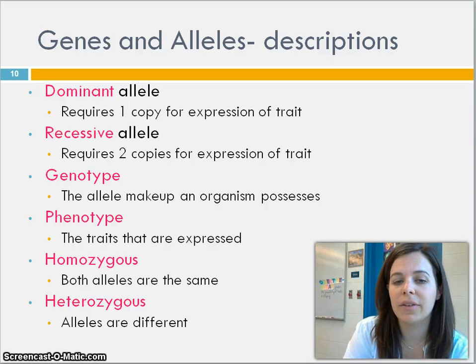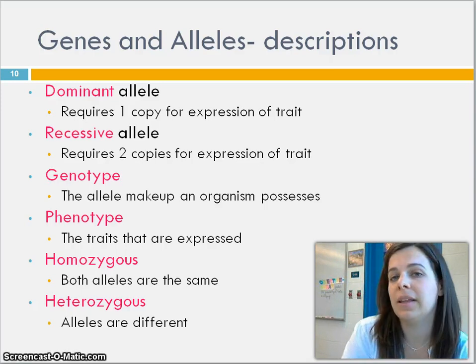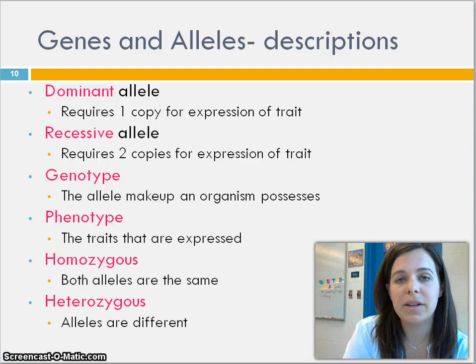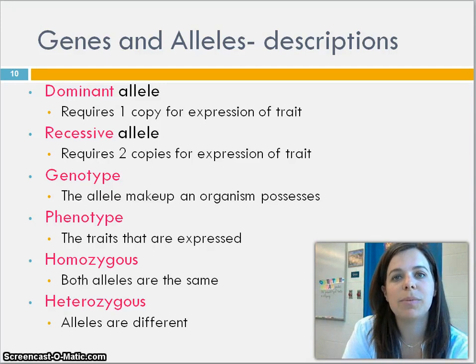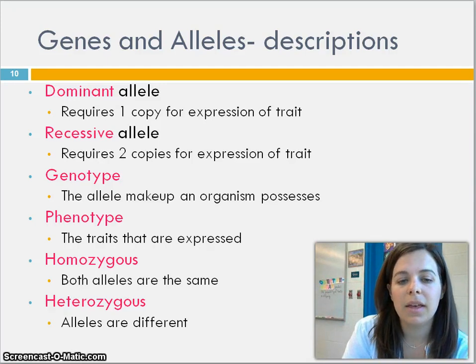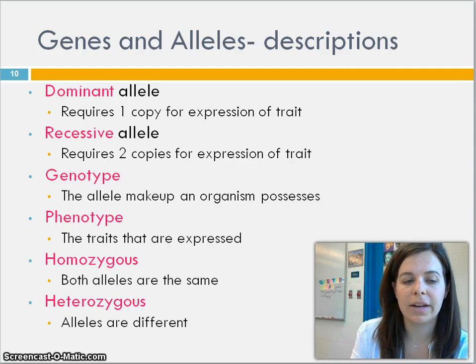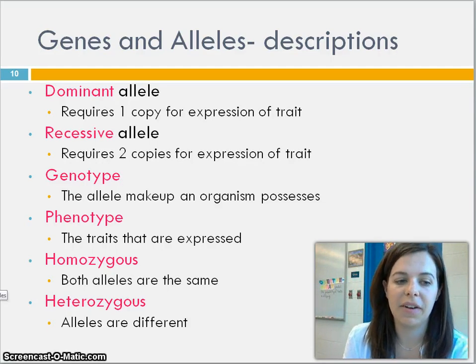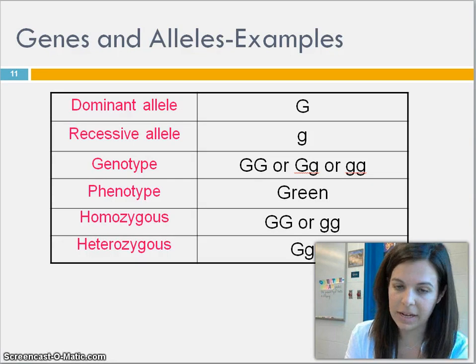So if I have 1 allele for hitchhiker's thumb and 1 allele not for hitchhiker's thumb, that would be my genotype. But my phenotype would be having hitchhiker's thumb. And then homozygous means that both alleles are the same, whereas heterozygous means that the alleles are different. And here's an example.